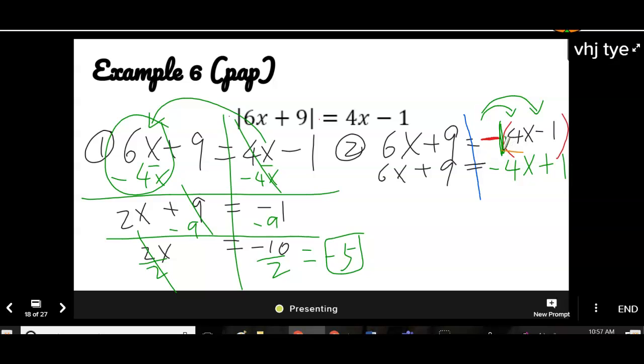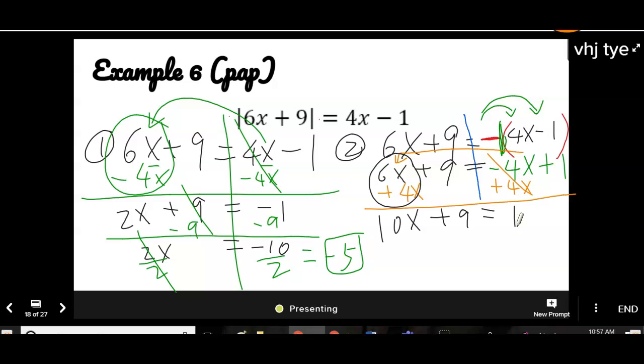First, move the 2x to the same side. Move the negative 4x by plus 4x. Do the same on the other side. So you have combined like terms here. You have 10x. Copy the rest.